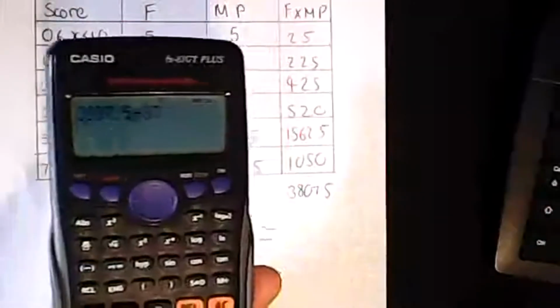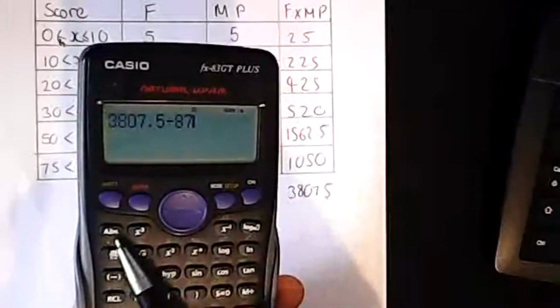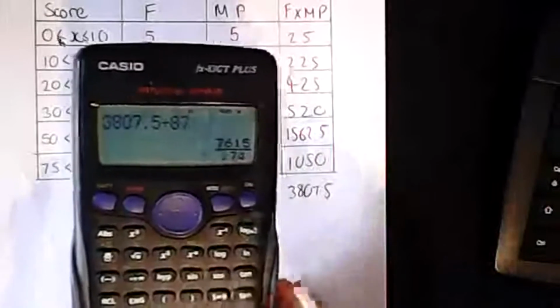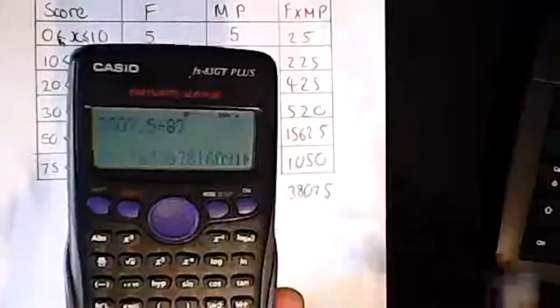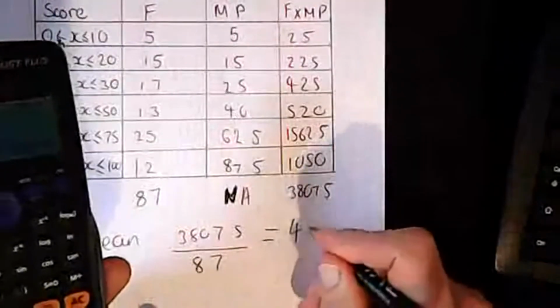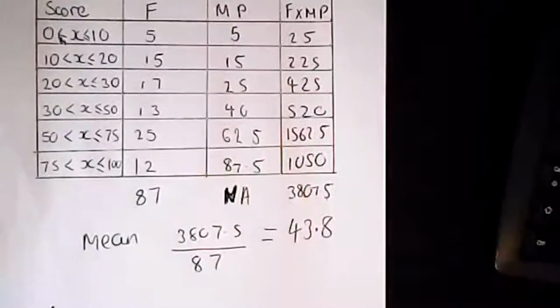I've done a divide there, but you could use the fraction button as well, it'd still work. Press the standard to decimal button: 43.8, and that's it. There's our mean. Brilliant.